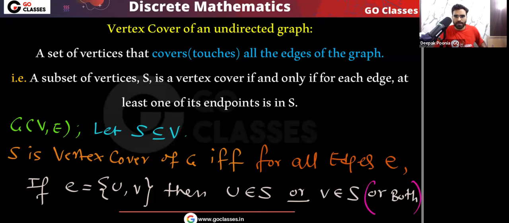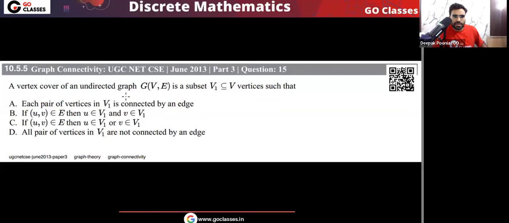So the answer will be that this V1 is a vertex cover. V1 is a subset of V, and a vertex cover is a subset of vertices. Then for every edge, if there is an edge between U, V, then at least one of them must be present in the vertex cover.